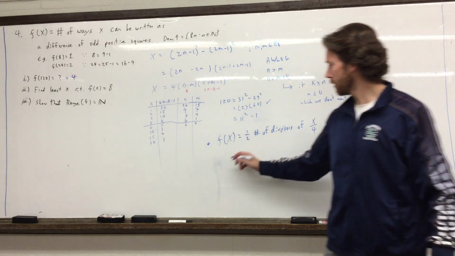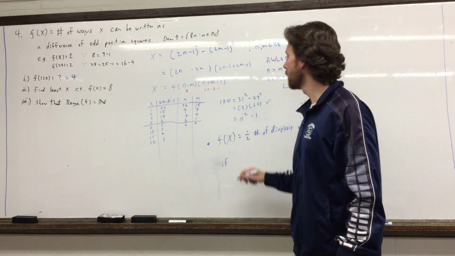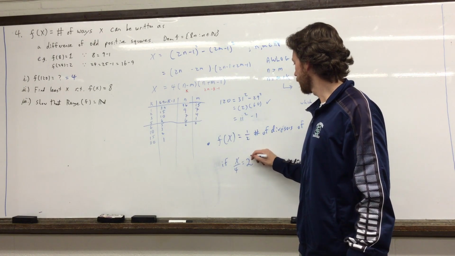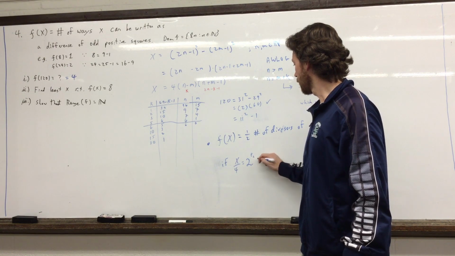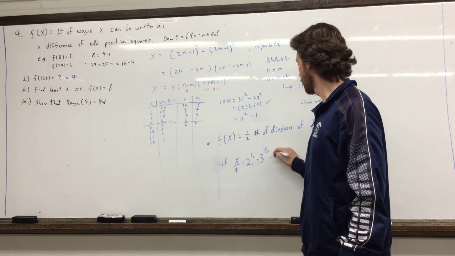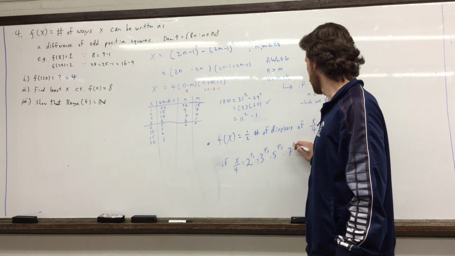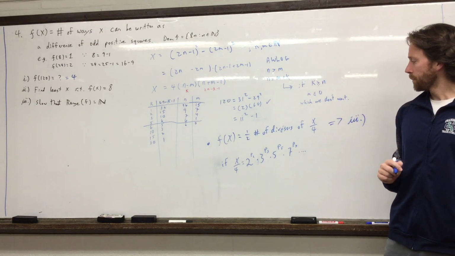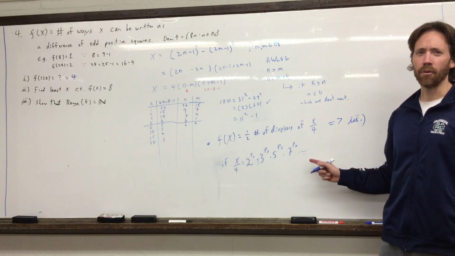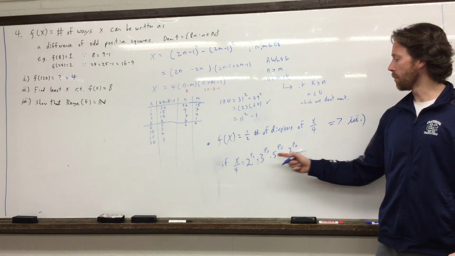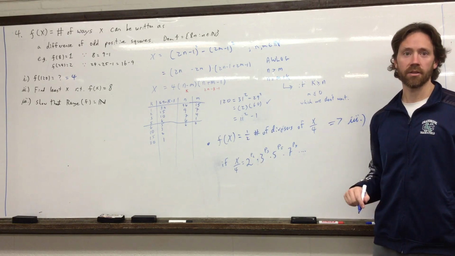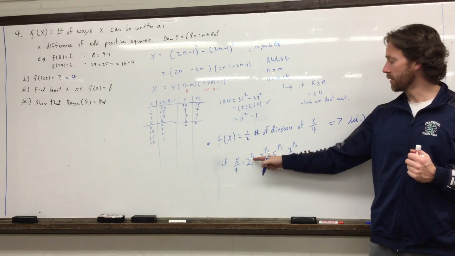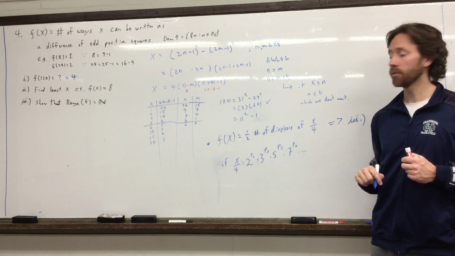You should be familiar with how to count the number of divisors of an integer by first writing the integer as its prime factorization, and then a divisor is going to be any number written where all of these exponents are less than or equal to what they are in the case of x.